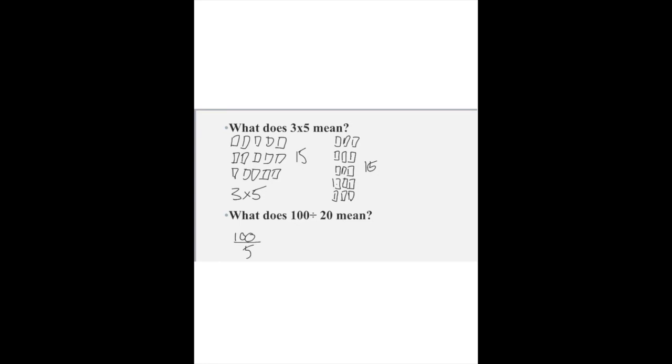Just makes it easier to envision for myself. 100 divided by 5 means that we would have 5 sets of 20 blocks. Or if we also divide by 5, that means we would have 20 sets of 5 blocks. So it doesn't matter which way you look at it. You're ending up with smaller chunks of a larger whole.